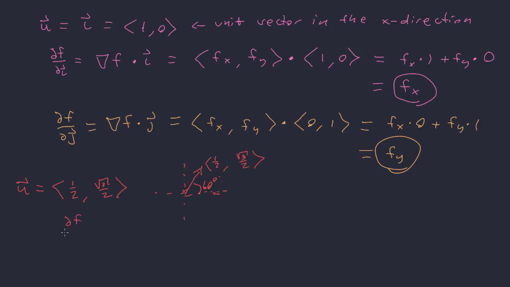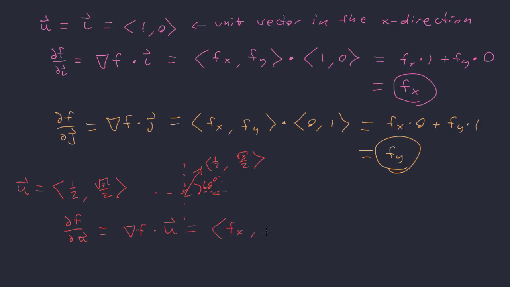So if we take the directional derivative of f in the direction of this particular u, like always, it's the gradient of f dotted with u.